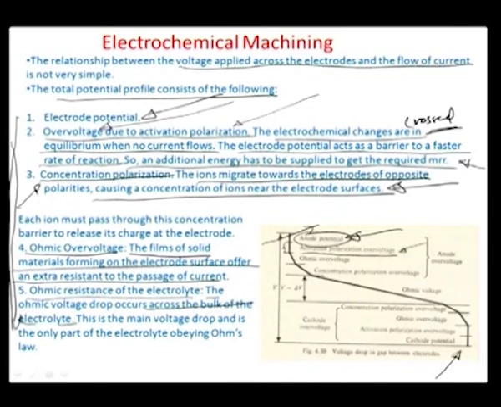This is due to the formation of that stable layer, which is also the zeta potential of the electrode surface. Then of course, the ohmic over voltage, which is a sort of V equal to IR drop. The ohmic over voltage is because of the thin solid films formed at the electrodes, extra depositions. And then there is a concentration polarization over voltage, because there exists a gradient of concentration. Okay. And so, that results in the whole anode over voltage.